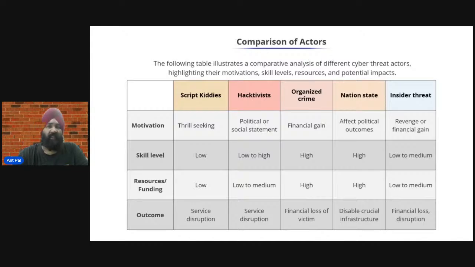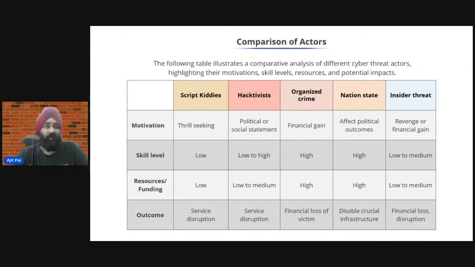This next slide is more about the comparison of the actors. If you look at script kiddies, they are mostly known for thrill seeking. Skill level is low, resource funding is low. Outcome, they just want fun or service disruption. Activists want to promote their social cause. Skill level could be low, medium, high, depends.